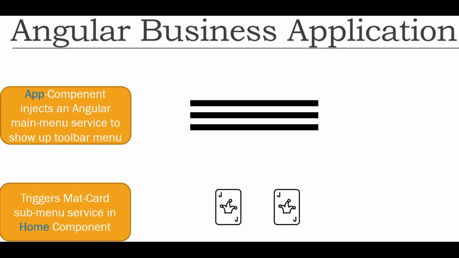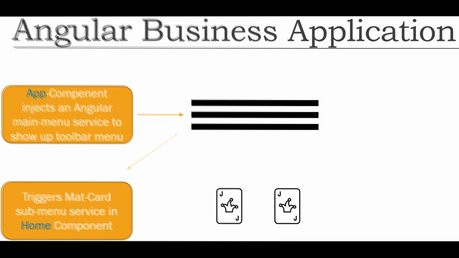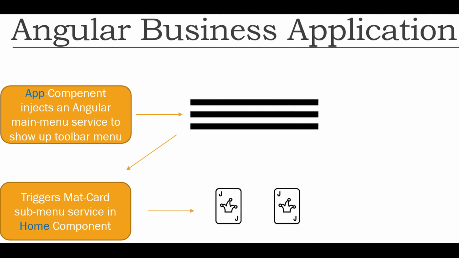So back to our initial task, the creation of an Angular business application coded along with ChatGPT 3.5. There we have an app component rendering the main menu items on the toolbar by an injected Angular service. From the toolbar, the main menu items instantiate the home component, which uses the main menu as argument to call another Angular service, taking care of rendering the menu-specific mat cards.